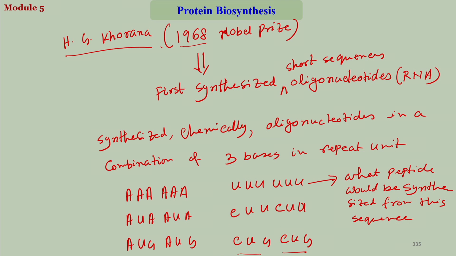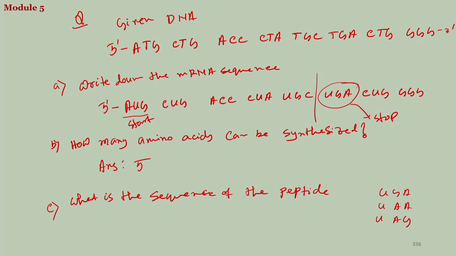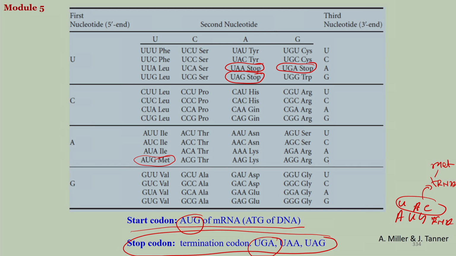From here you can find out. I will just write it down because I have calculated it. From the N-terminal end, the first one is methionine, because it is a start. CUG, let us find out very quickly. CUG, it is a leucine.